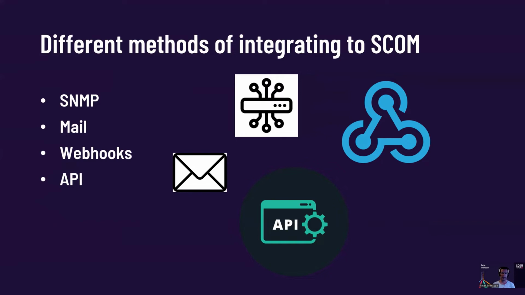They can send webhooks and other things if something happens, like alerts and stuff. Unfortunately, SCOM out of the box is not that good at receiving those alerts and events from mail or webhooks, etc. So you're likely to rely on a third-party solution to get that job done, or a community solution maybe.